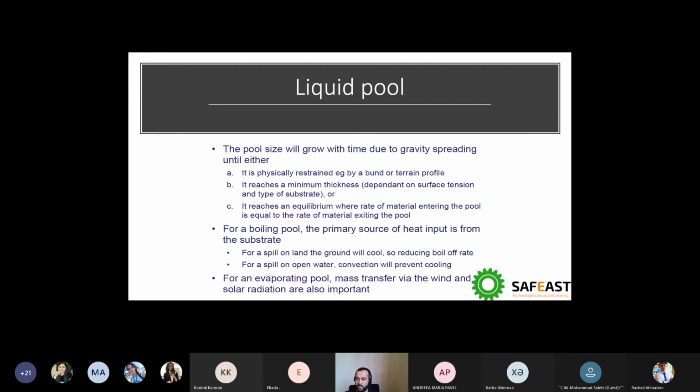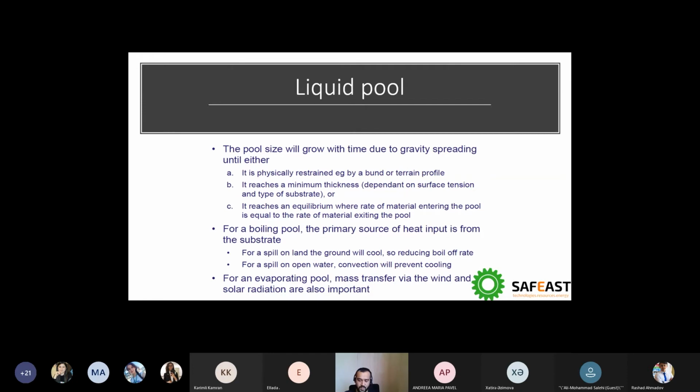And of course, when we do consequence modeling, we are usually interested in the characteristics of the boiling pool, and the primary source of the heat is from the substrate, as you can imagine. A spill of liquid behaves differently on land compared to water.